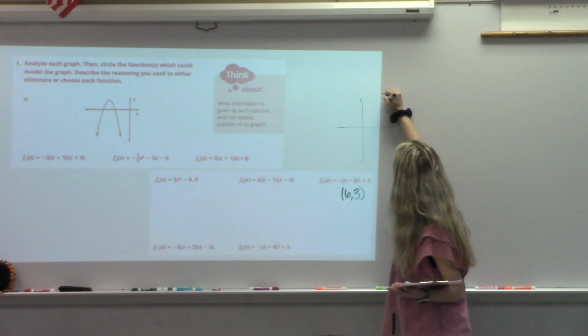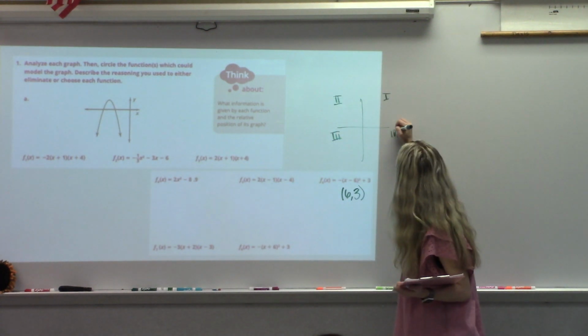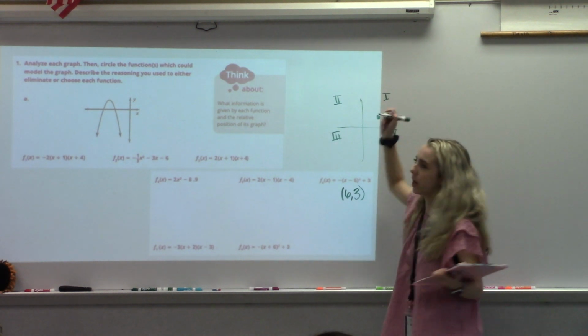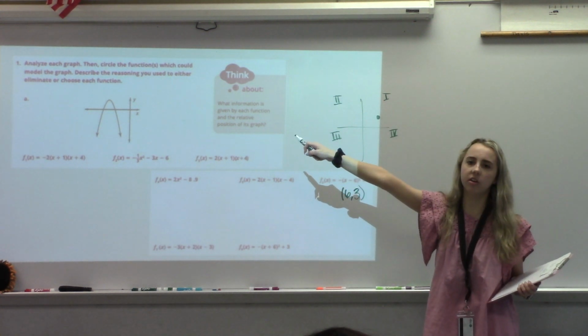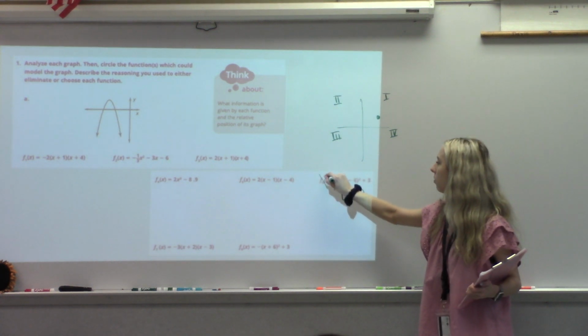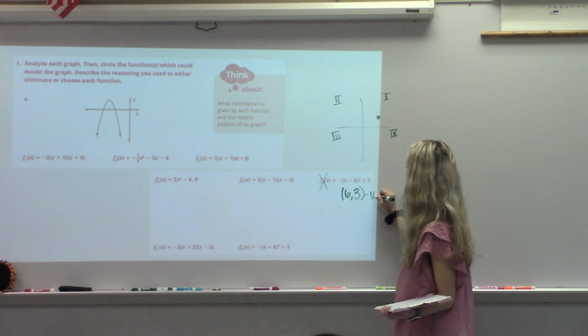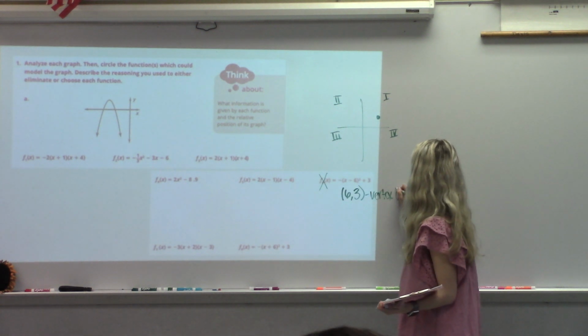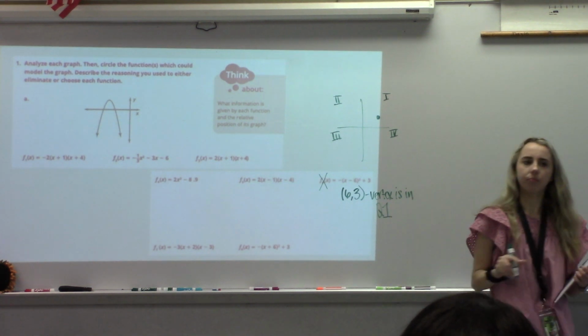Remember this is quadrant 1, 2. Yeah, so this one would fall in quadrant 1 somewhere. We don't know where because this graph doesn't have any numbers on it. Is that where that vertex is? No, that wouldn't work. So then for your reasoning, you could just write that your vertex is in quadrant 1.